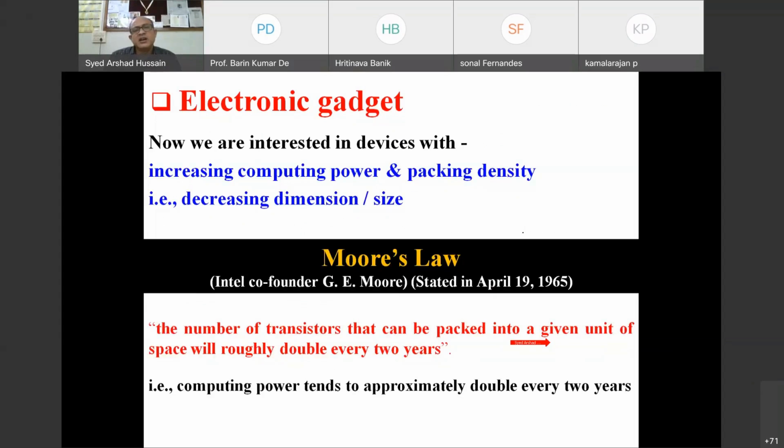In this regard, the co-founder of Intel, Mr. Moore, gave a famous statement in the year 1965, and he said the number of transistors that can be packed into a given unit space will roughly double every 2 years. That means computing power tends to approximately double every 2 years.